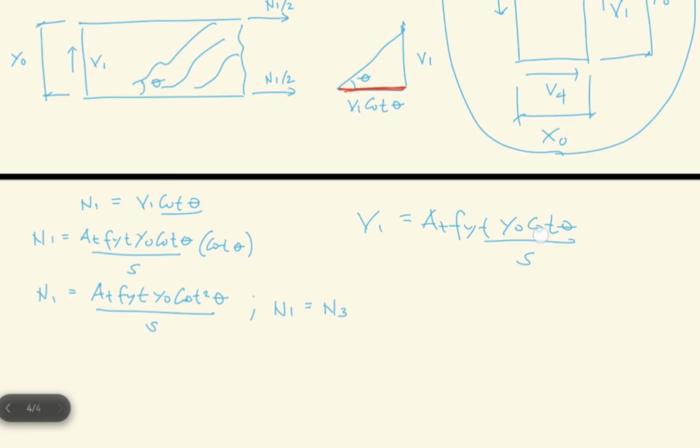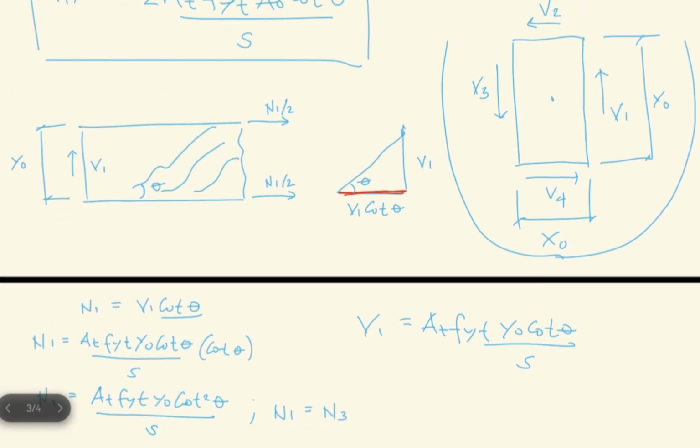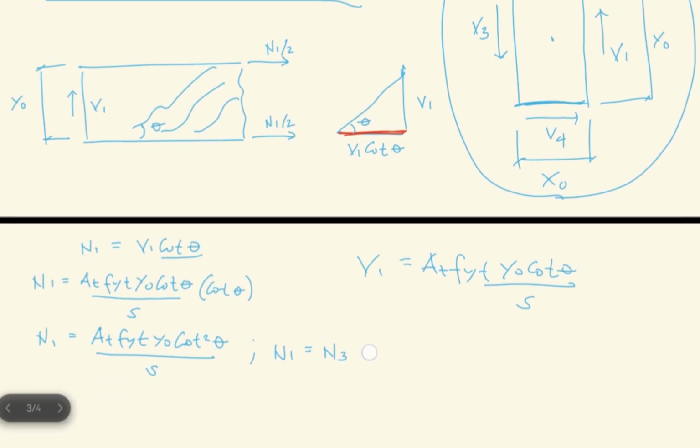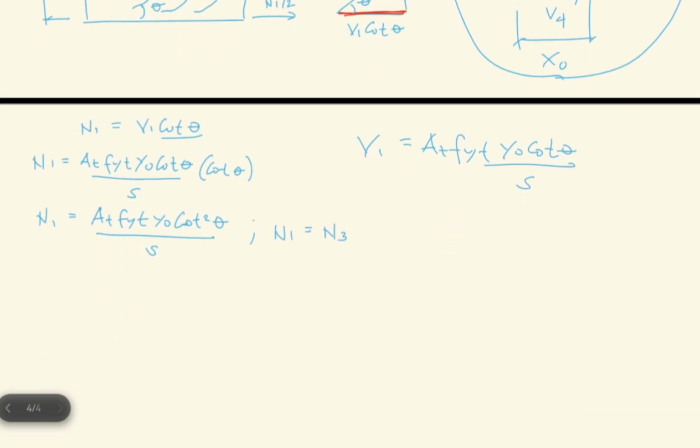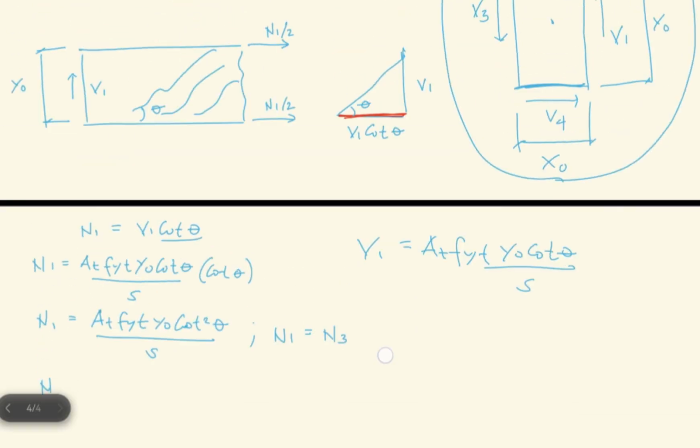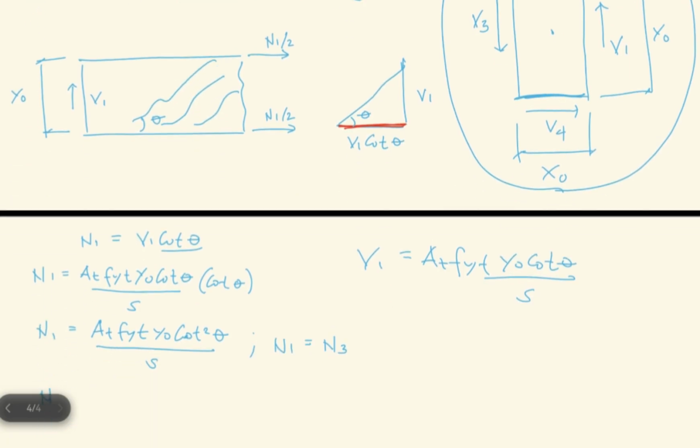The axial forces in the top and bottom directions or sides is N2 and N4.